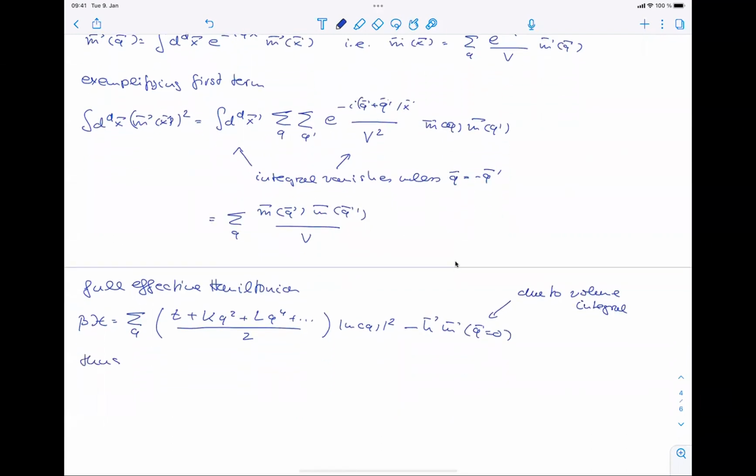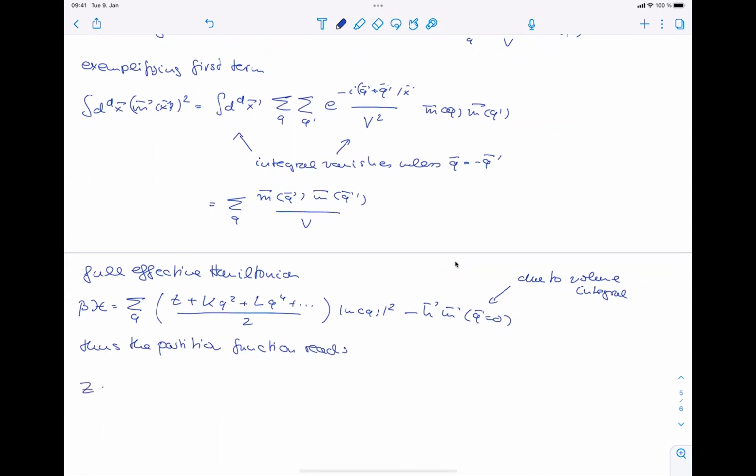Okay, so having that, the partition function reads, where the sum over Q became a product over Q.